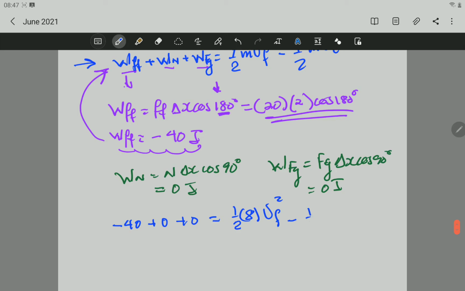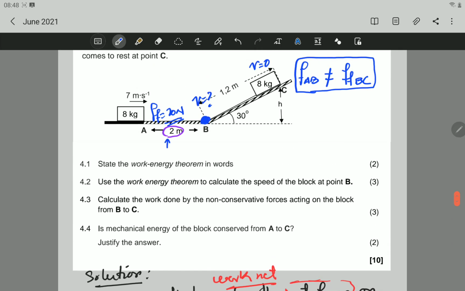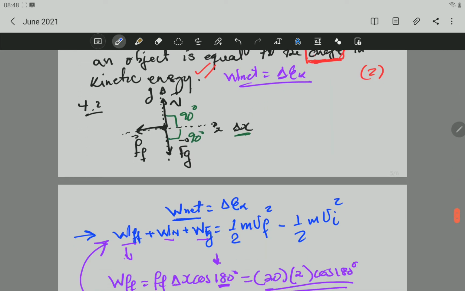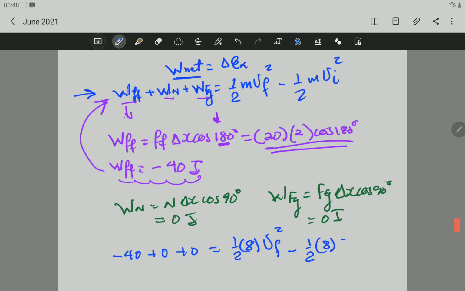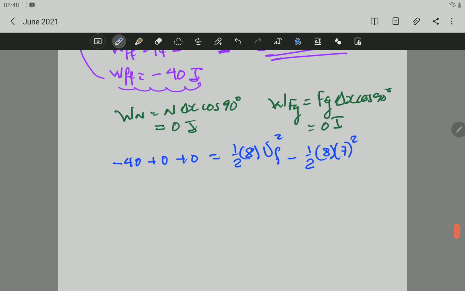Minus half multiplied by 8, which is the mass, multiplied by the initial speed of the block, which is 7, starting with 7 right there. Don't think it's a negative, it's a 7, that is the starting speed of the block, so multiplied by 7 to the power 2. Everything left here is just calculation.